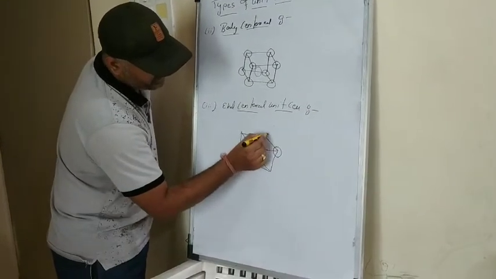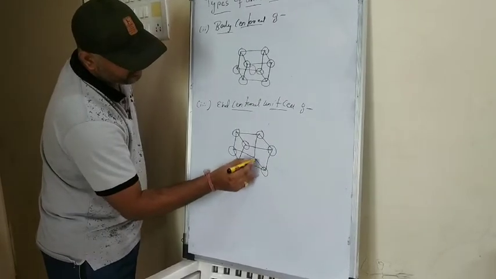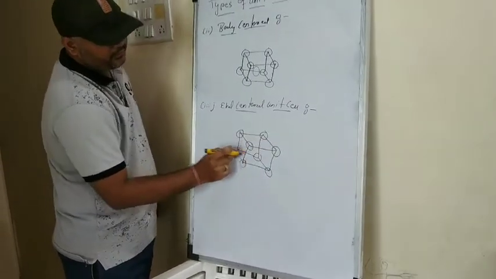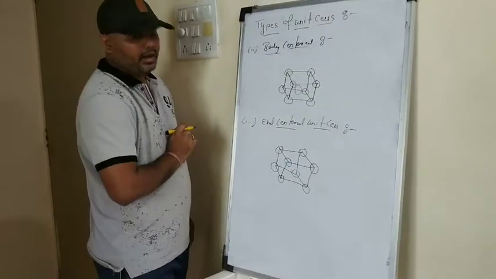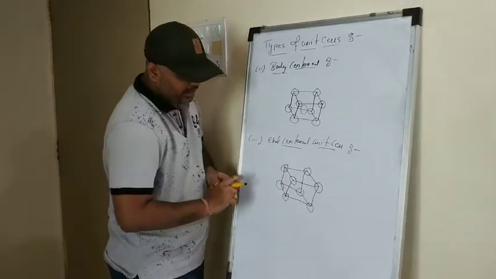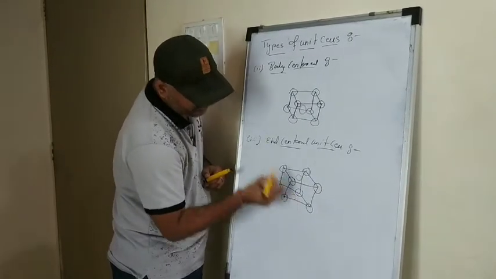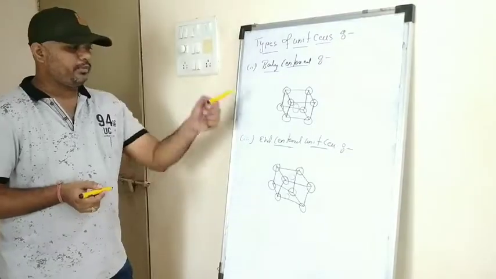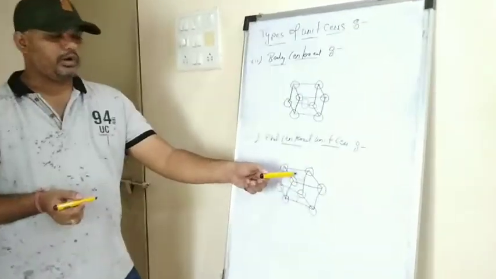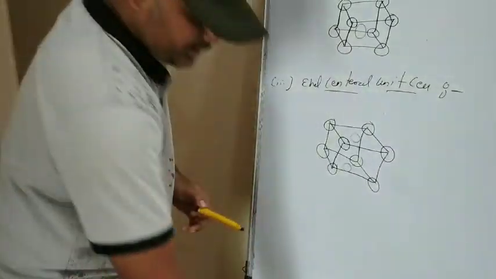Again, there will be 8 constituent particles at the 8 corners. See, 1, 2, 3, 4, 5, 6, 7, 8. Right? Now what happens in the end-centered? In the end-centered, we will see that at the 2 ends, there will be a presence of a particle. Right? So this is said to be the end-centered. At this one top end, at this one bottom end. Right? I hope you might have understood this.